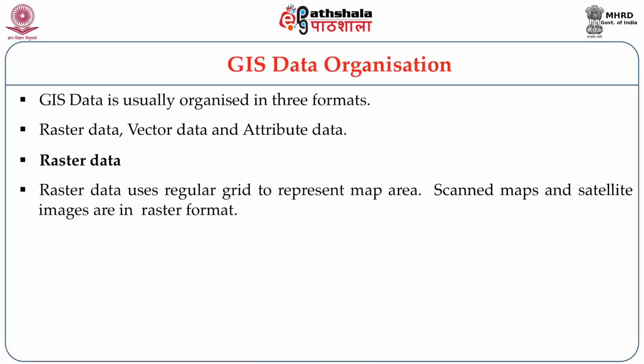First, the raster data. Raster data uses a regular grid to represent the map area. Good examples of raster data are the scanned maps and the satellite imageries, which are usually in raster format. One simple example of a raster system is photographs, where as you keep on zooming in, you see the pixels.